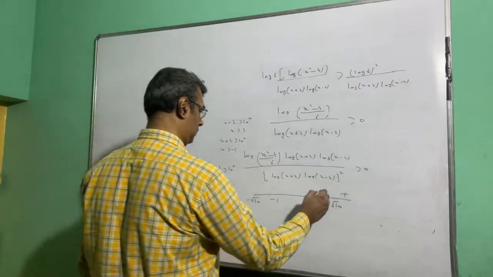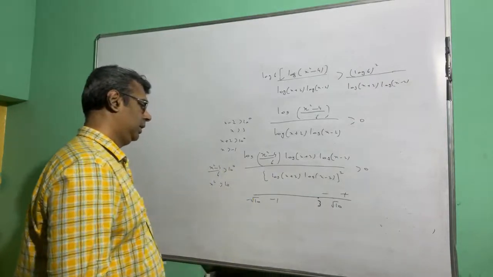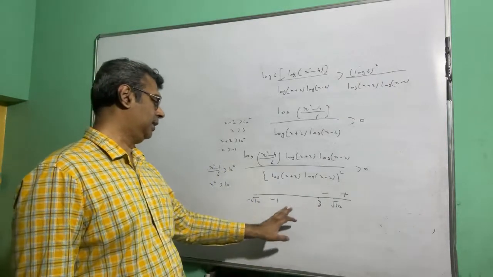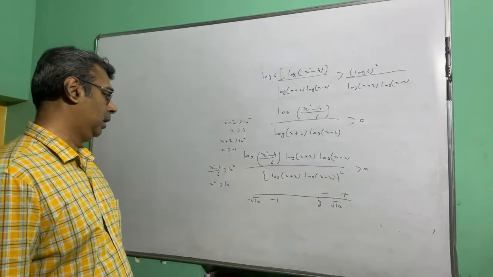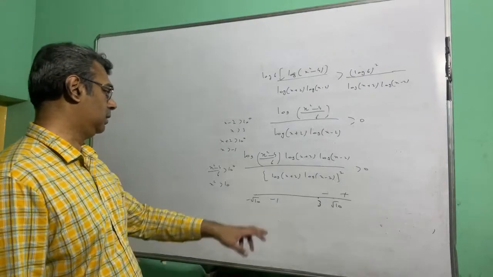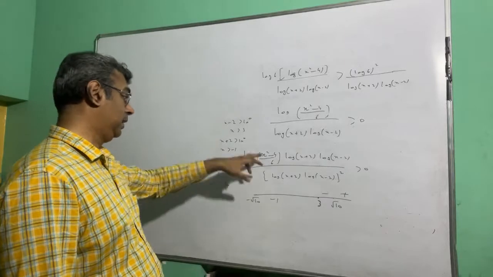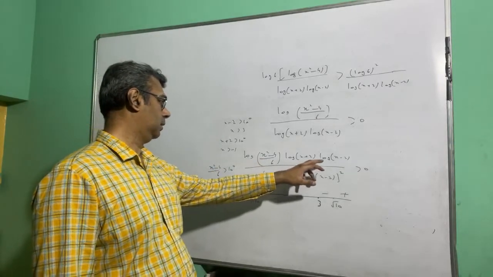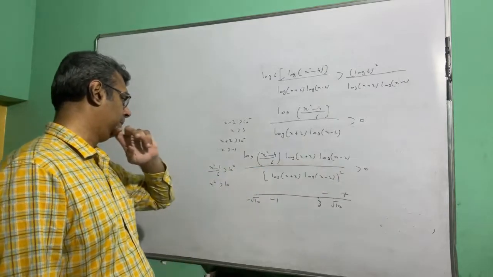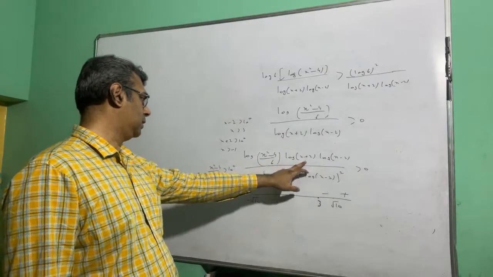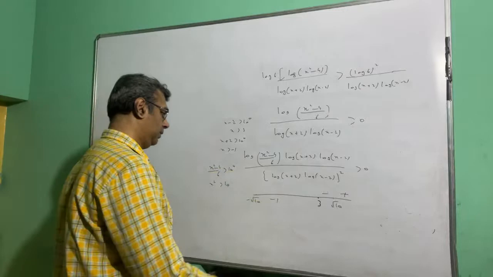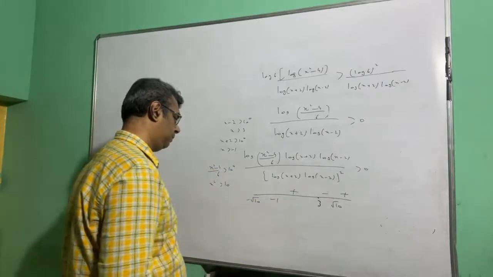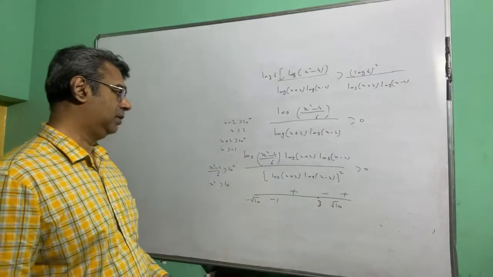So therefore the answer will be negative. Then let us consider x is between 3 and minus 1. So between 3 and minus 1, this one is negative, this one is negative and this one is positive. So negative, negative, positive, so it's positive. So it's coming out like a wavy curve only.